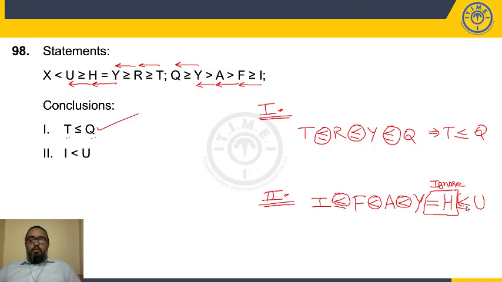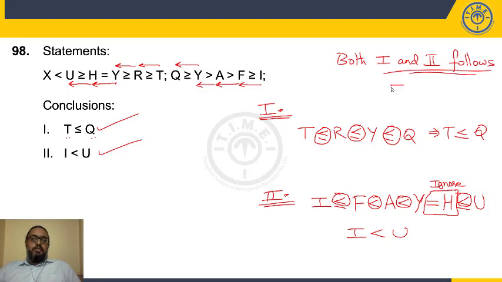So I will consider only less than throughout. So that means between I and U, you will get less than. Now is the result matching the conclusion? Yes. Hence, you will be giving the answer as both 1 and 2 follow. Both 1 and 2 follow. Choice 5.